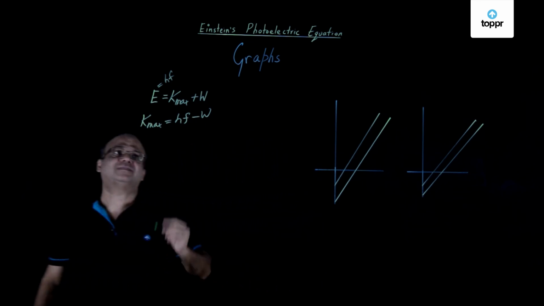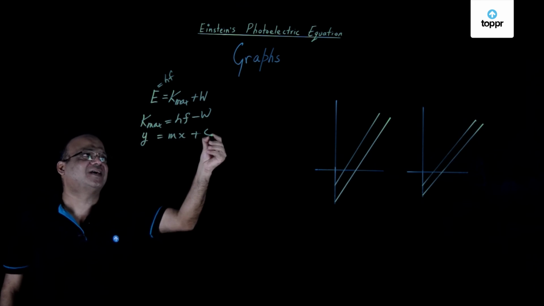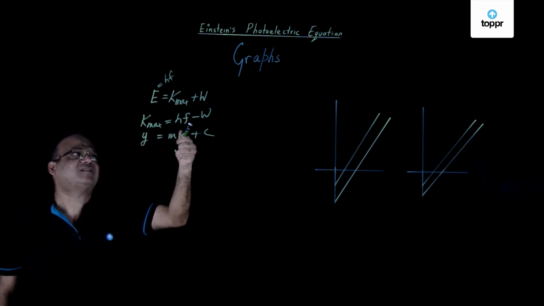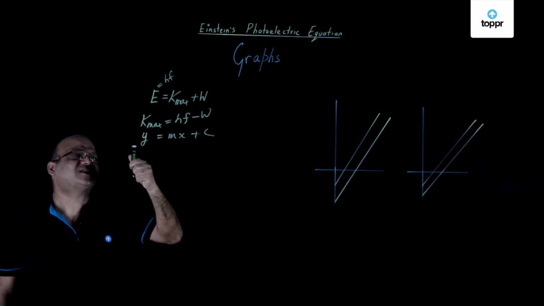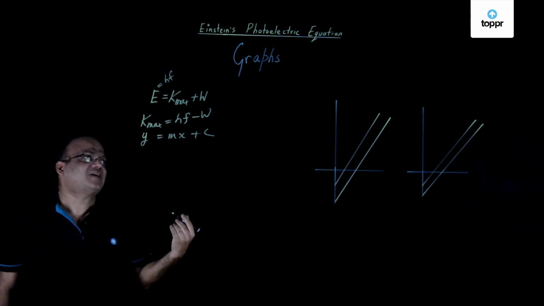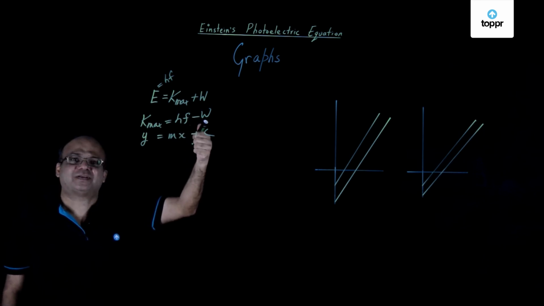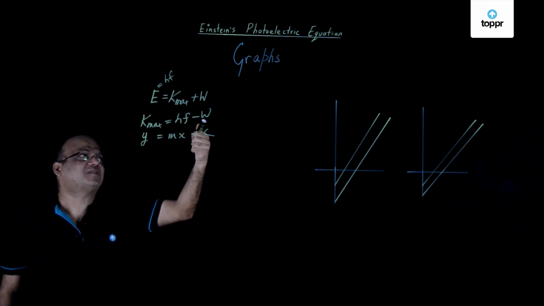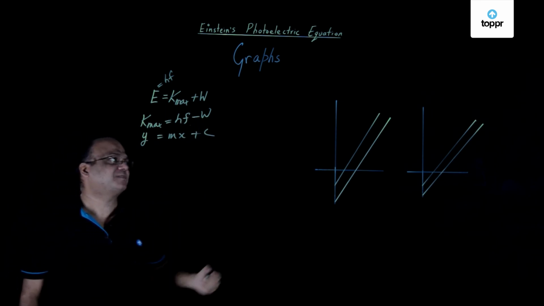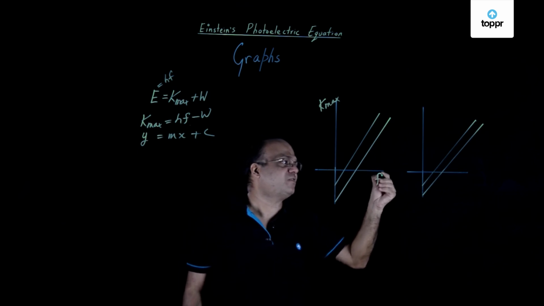Right? Now Kmax is hf minus work function. This is the equation. This is like y equal to mx plus c. We plot Kmax against frequency, we will get a straight line, and the straight line will have a negative y-intercept. Slope is positive, but the y-intercept is negative. So here you have got Kmax and here you have got frequency.